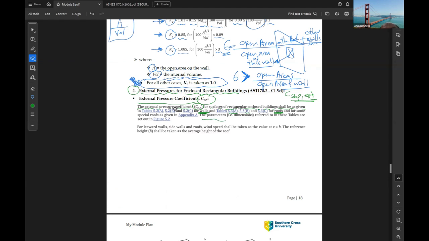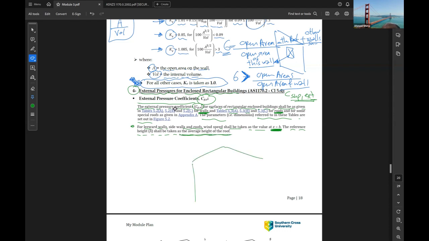The parameters referred to in these tables are set in figure 5.2. For leeward walls, side walls, and roofs, wind speed shall be taken as the values at Z equal to H. The reference height of the building shall be taken as the average height of the roof.